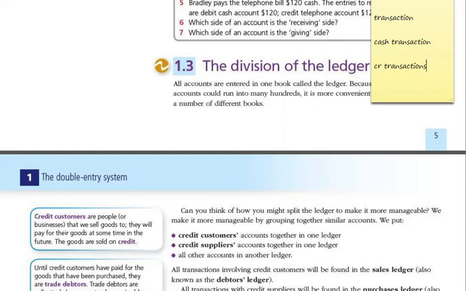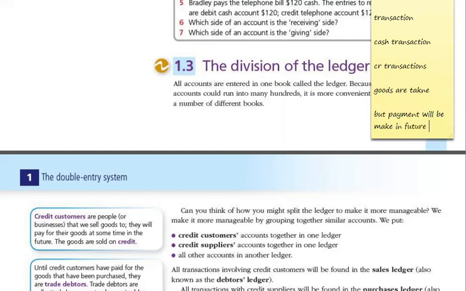In credit transactions, we are taking the goods, but cash will be paid at a future time. When goods are taken but payment will be made in future time, it is called a credit transaction.